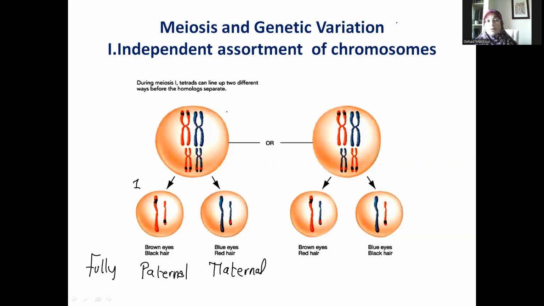But this assortment of chromosomes occurs during metaphase 1, of meiosis 1.